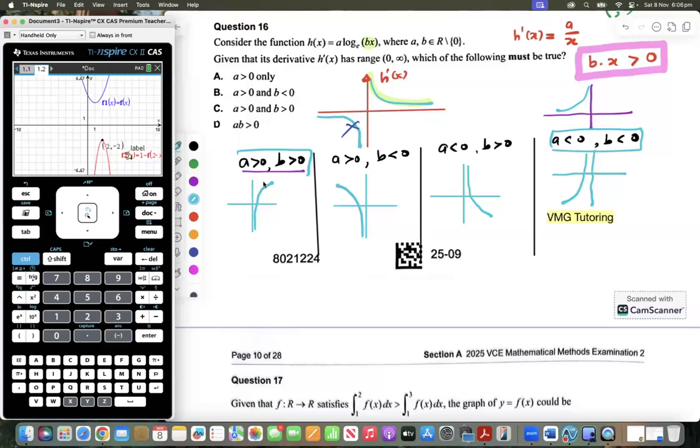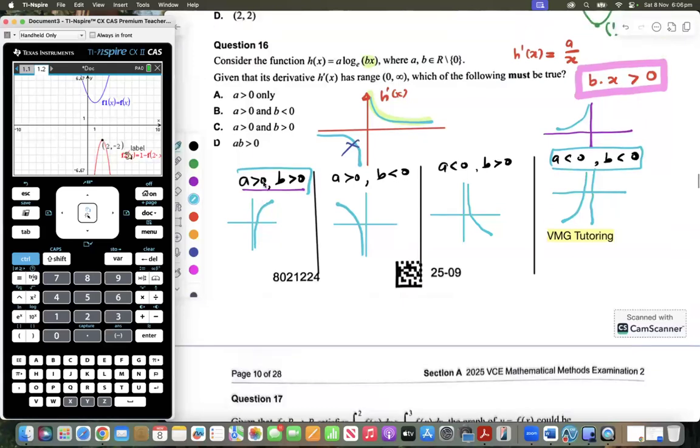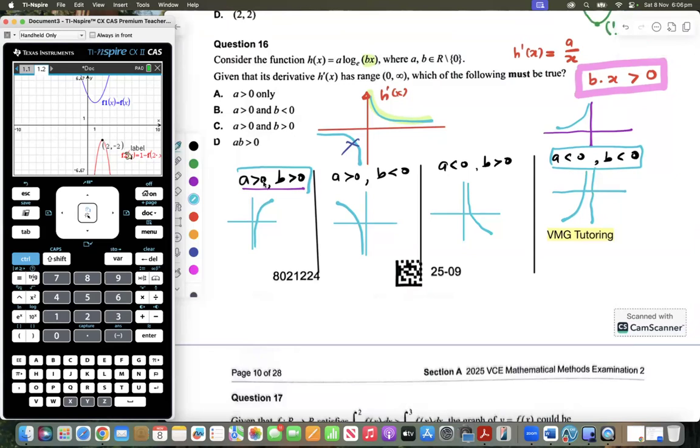Your derivative graph is not above. Yeah, that's the answer. So either both have to be positive or both have to be negative. Okay, your answer should be the last one. Your answer should be D. This one, right? The multiplication has to be positive. That should be the answer.